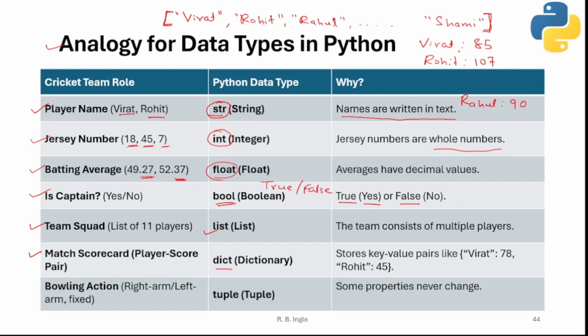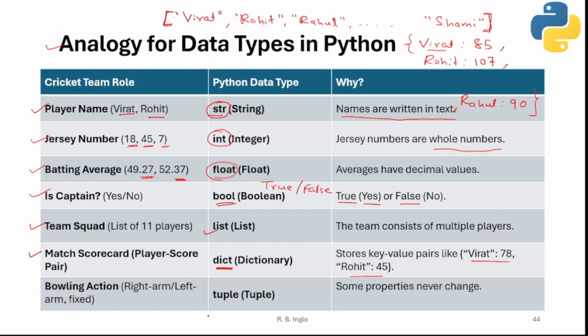So here we can see we are not simply storing single value, we are storing the values in pair, right. Virat 85, Rohit 107, Rahul 90. So this type of data is called the dictionary data, where we store the values in pair, like Virat 78, Rohit 45.